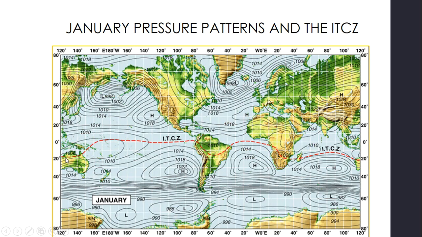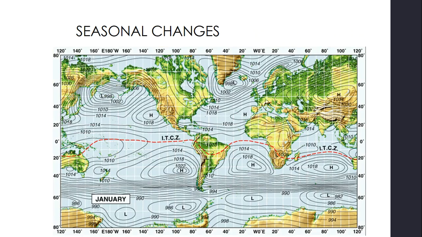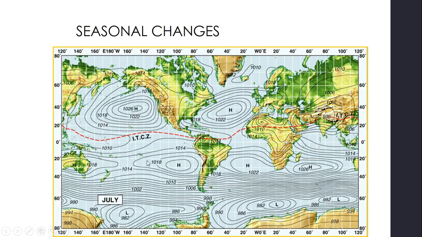And in January, when the southern hemisphere is having their summer, it's going to be south of the equator. It's always going to be in the tropics, though. And so here you can see that going back and forth, that seasonal change between January and July.